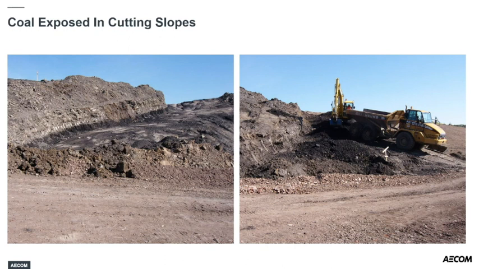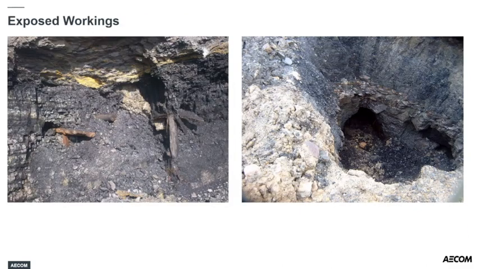And on this particular site, if we were to move to the left of this image, so still within the cut, we came across the feature that's shown in the left-hand image here. Now, this is quite an interesting one. Again, we've got some backfill or a crown hole in the middle of this image, where we can see some dark grey coal material, mudstone material.